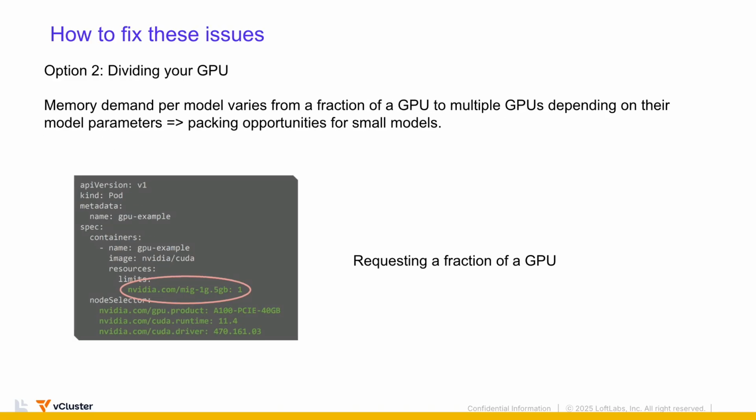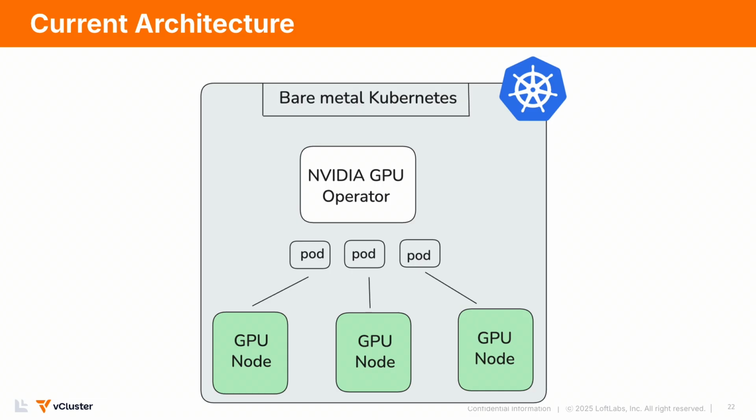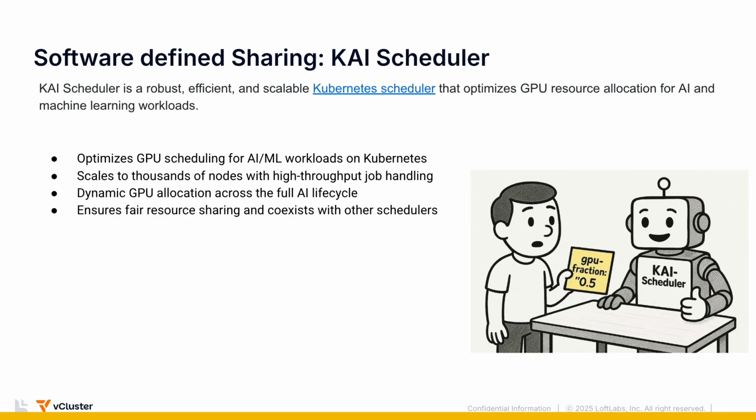So over here, the problem with this is that your GPUs are blocked whenever there is a request going through, even if you have everything enabled. Then you can have a lot of sharding and all those things for your GPUs. But again, there are new ways by which you can do this. There are hardware ways, where you can have GPU sharding, and there are software ways like the Kai Scheduler.